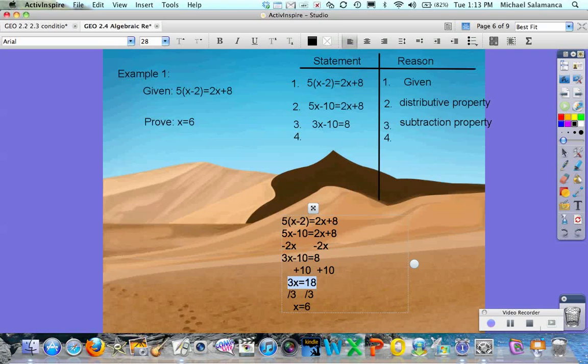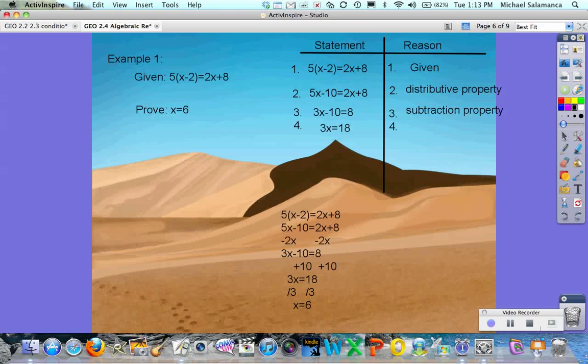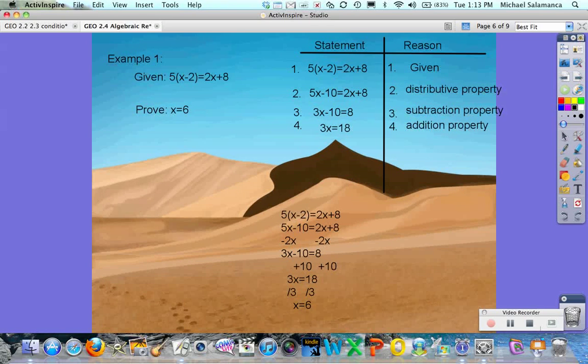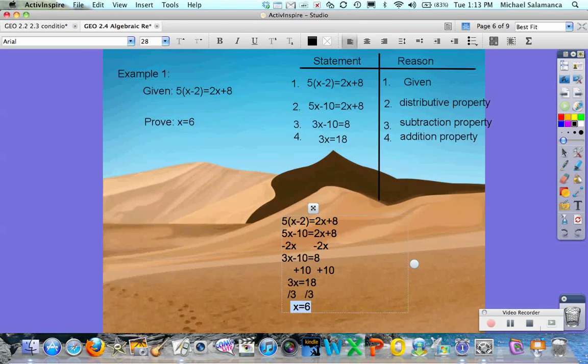Next thing we did, to get from line 3 to line 4, we use the addition property. And last but not least, we ended up with x equals 6.